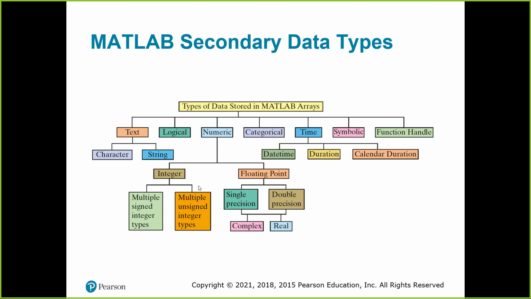So here's a diagram showing the different types of data stored in MATLAB arrays. Under text, you have your characters and strings, and your logical, which is basically zeros and ones. The numeric types fall under the integers, where you have multiple signed and unsigned integer types, and your floating point, which is single precision or double precision.